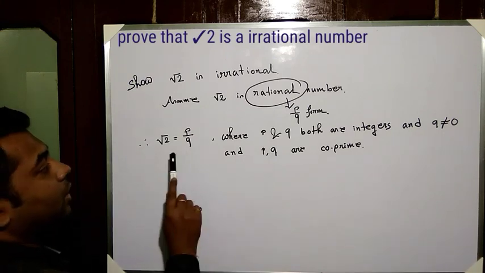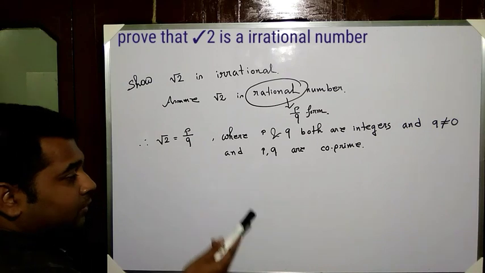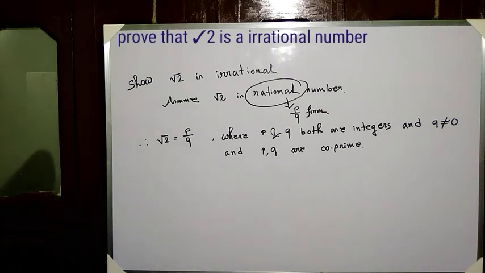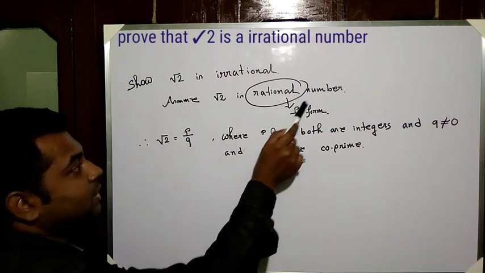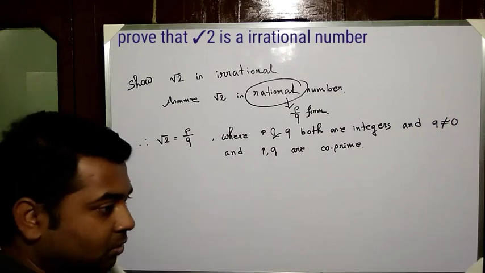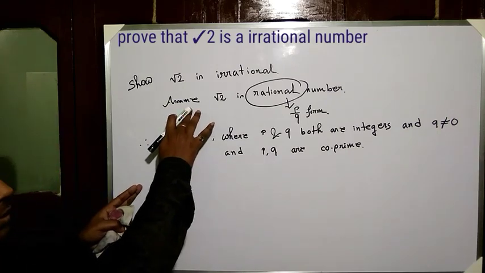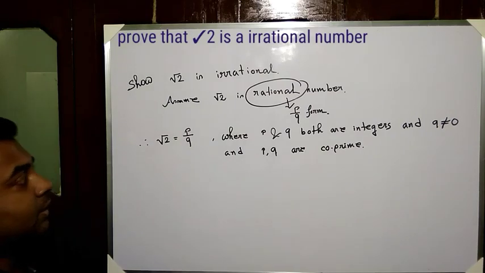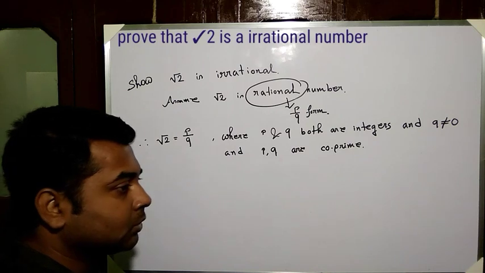See what I assume. Assume means from the beginning of the math, I am taking root 2 as a rational number. If my math is wrong, then it means what? The assumption that I had taken here is actually wrong.